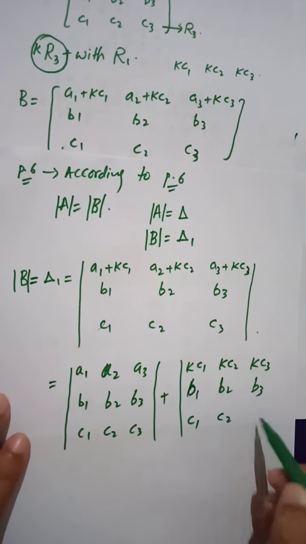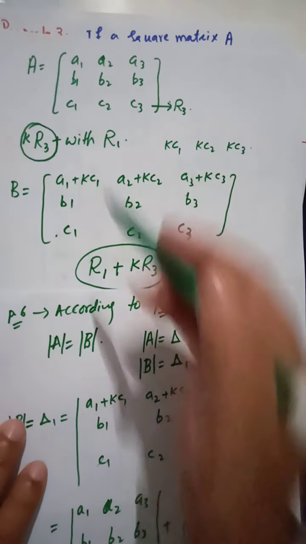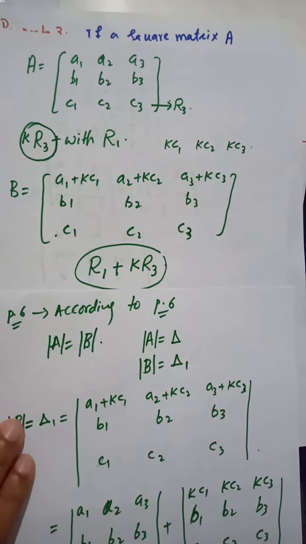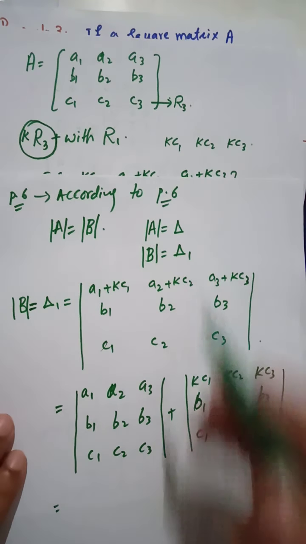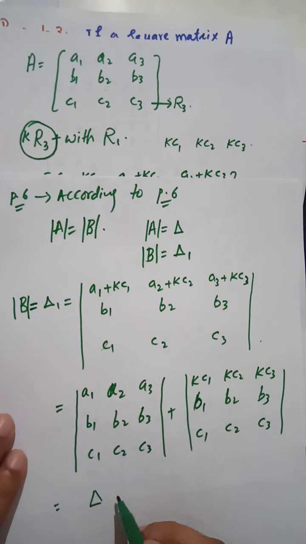Now this is actually the determinant of matrix A, so its determinant can be written in this form, and that is denoted by delta. So this is delta plus.